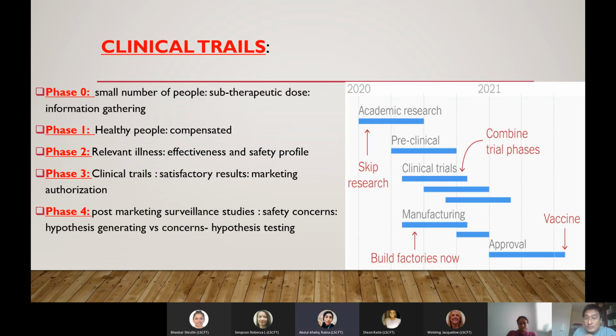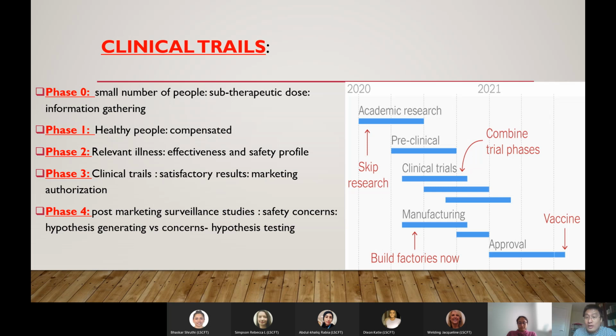So this is also one of the single best answer questions which always comes. They will ask which are the stages. They will ask phase 1, phase 2, phase 3, phase 4. So phase 1 is sub-therapeutic. Let us just think of a vaccine, the COVID vaccine. For the COVID vaccine, a small number of people, sub-therapeutic. This is the first phase.